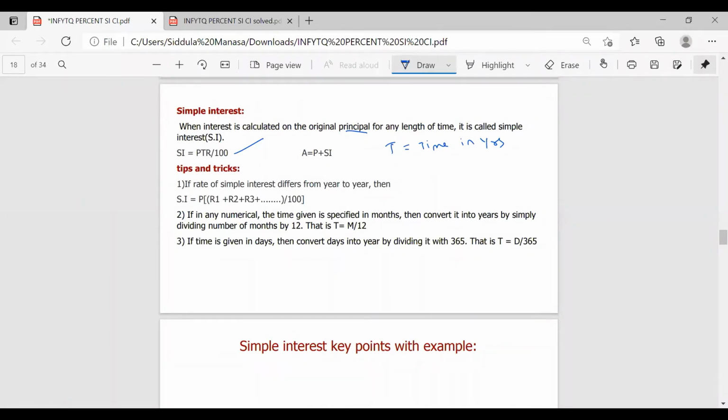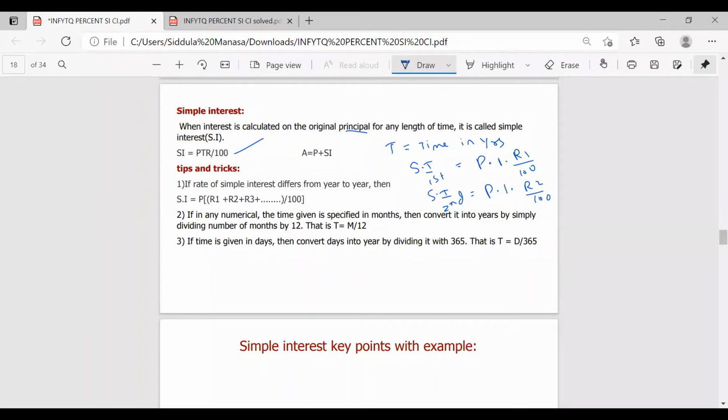Some tips and tricks. If the rate of simple interest differs from year to year, suppose simple interest for the first year is P into 1 year into rate of interest R1 by 100. Now simple interest for the second year is principal into 1 year into rate of interest R2 by 100.